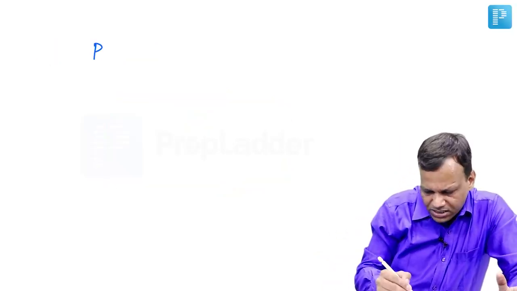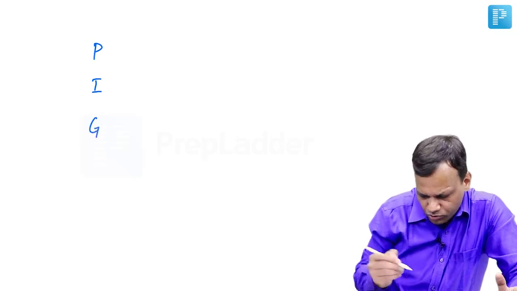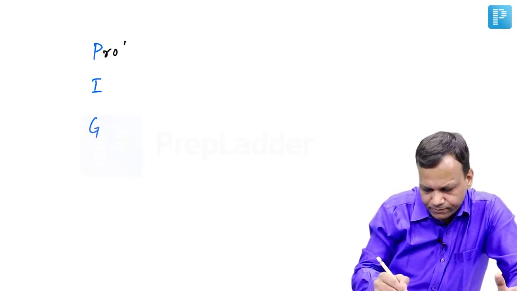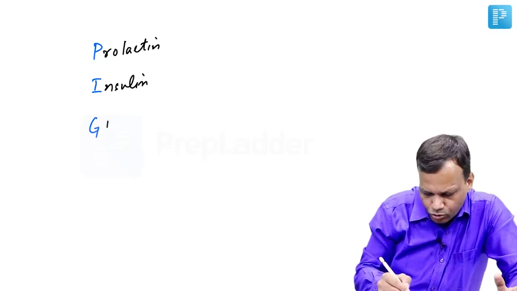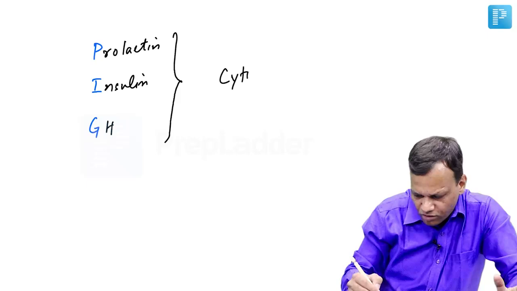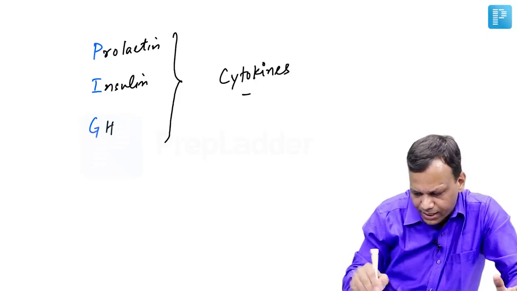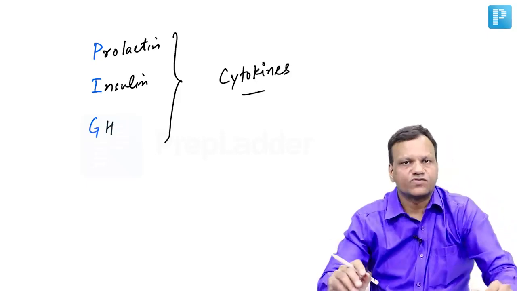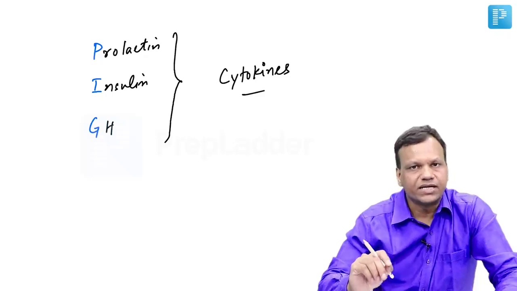And these receptors are remembered as receptors for peptide hormones. That is, receptors of prolactin, insulin, and growth hormone are enzymatic receptors. Apart from this, the receptors of cytokines, like interleukins and tumor necrosis factor, are also enzymatic receptors.